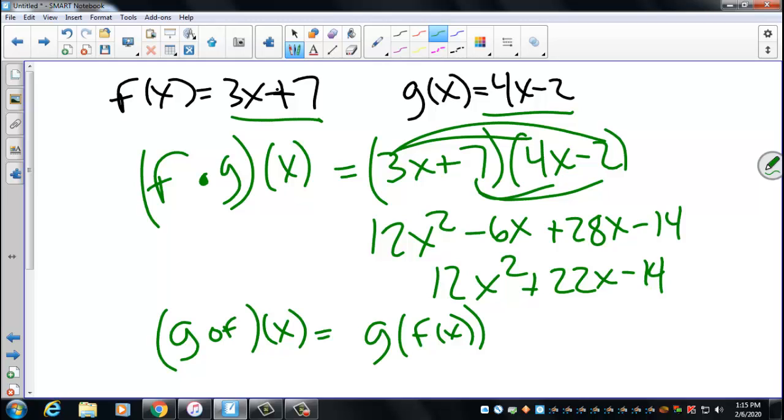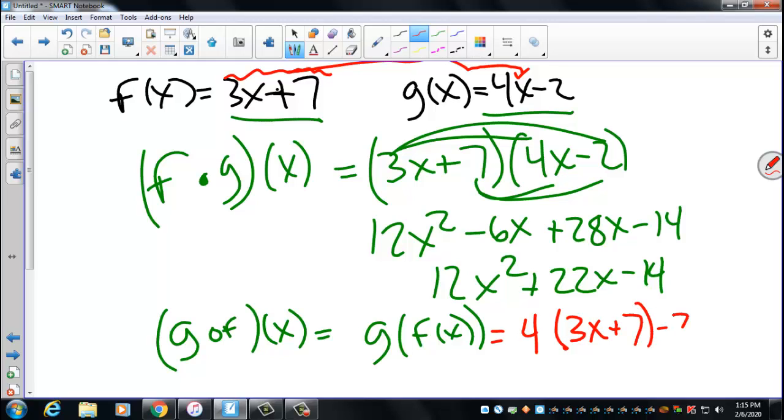Let me do it slowly. I know we're out of time, but let me help walk through this together. We're going to take this expression, come over to G, and plug it in right here. So where the X is in G, you're going to plug in this whole expression. And so what it looks like is this: 4 times 3x plus 7 minus 2.